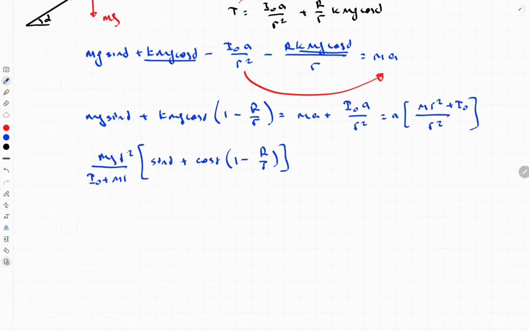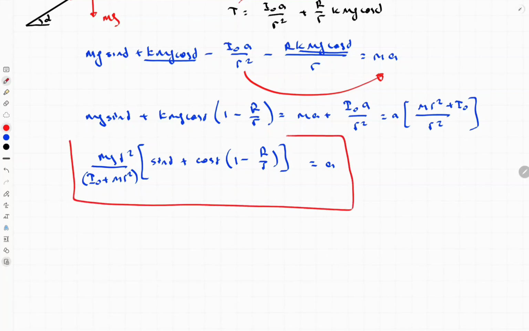I0 plus m r square equal to A. So this is acceleration of this cylinder. So here we lost K. We have a K. So this is the final answer.